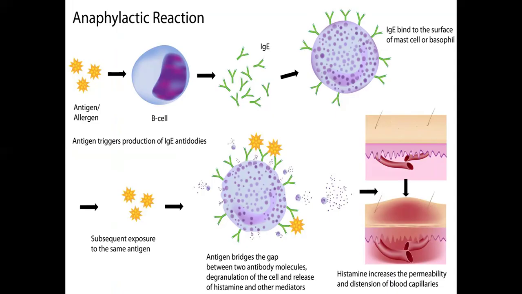On subsequent exposure to the same antigen, the antigen bridges the gap between two antibody molecules. Degranulation of the cell and release of histamine and other mediators happens. Histamine increases the permeability and distension of blood capillaries, causing vasodilation and so on, and constriction of bronchioles, leading to shock and death. So this is all about type 1 hypersensitivity reaction.